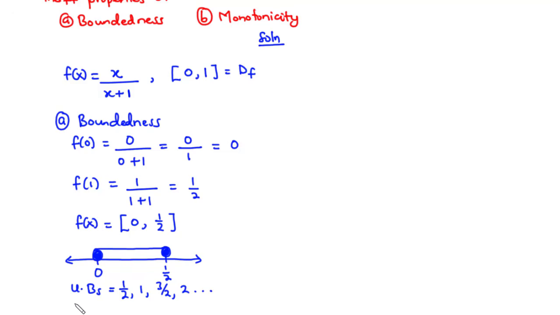Now, for the lower bounds, this interval is also bounded below by 0, negative half, negative 1, and so on and so forth. So the lower bounds are basically numbers that are less than or equal to 0.